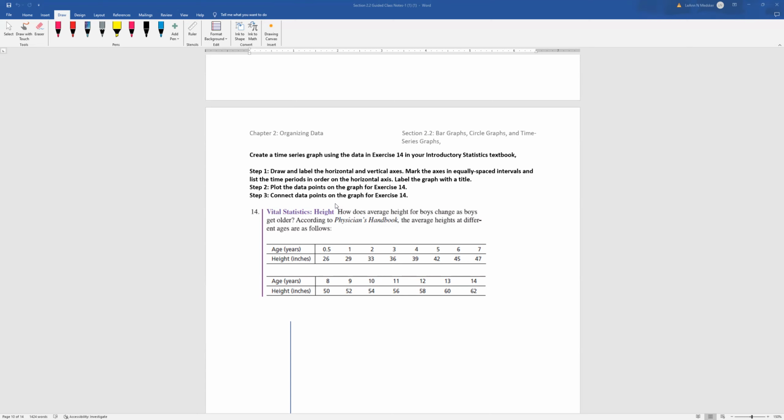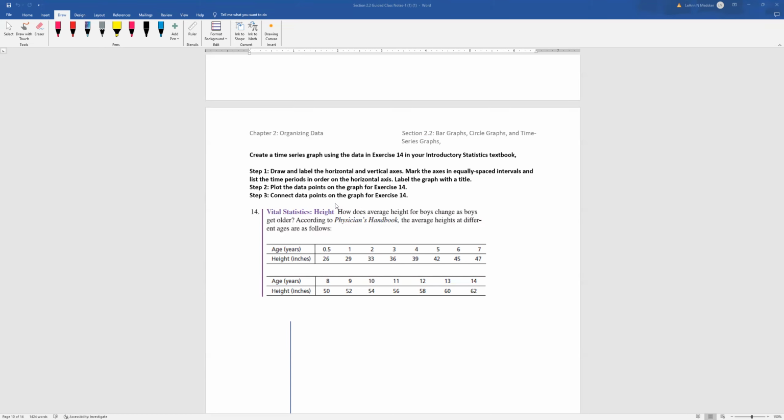It says, how does the average height for boys change as boys get older? They've given us age in years. Most of the time it was a 1-year jump, but that very first part was at 6 months to a year. In my old ink version of the notes, I actually used 0.5 as its own mark.